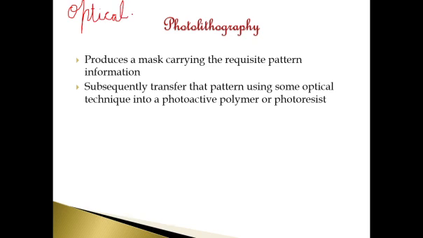In optical lithography, you could have a visible light to expose the resist layer, or you could have UV light to expose the resist layer, or you can also have X-rays to expose the layer.